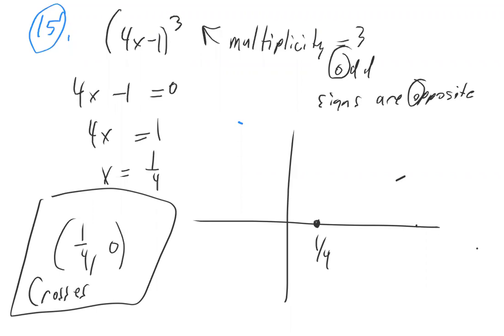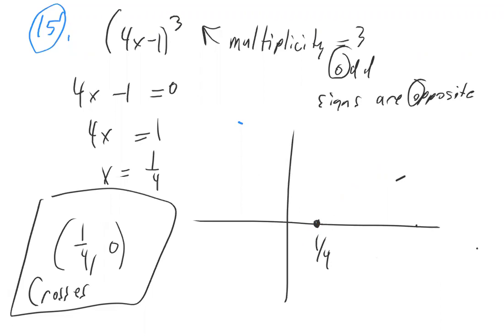Because if the signs are opposite, then it could either go from positive to negative, or it could go from negative to positive. Either way, if the signs are opposite, it has to cross through the x-axis. So the answer is that it crosses at 1/4, 0.